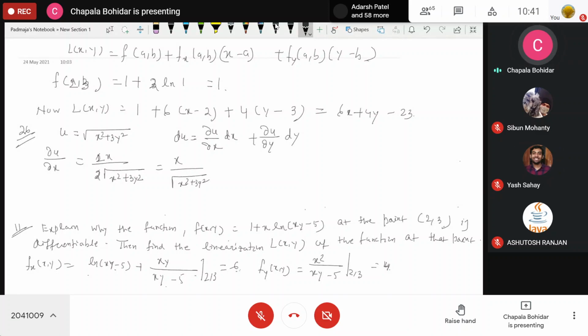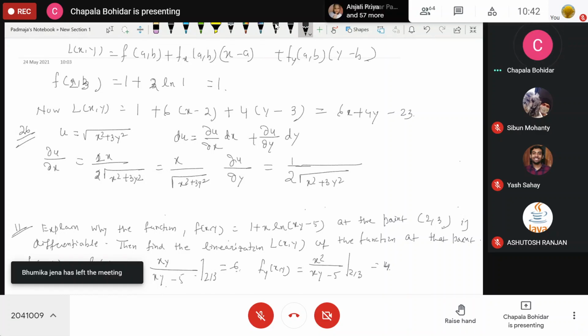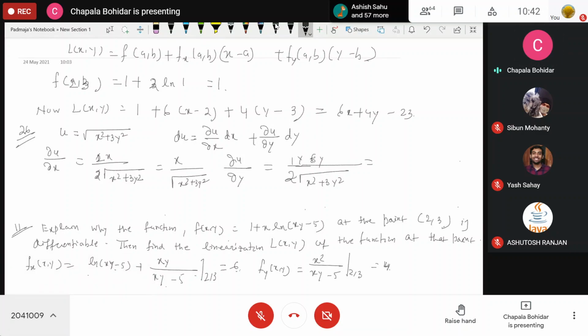Similarly, del u by del y is equal to 1 by 2 root over of x square plus 3y square, then the derivative of this is our 6y, which is 3y divided by root over of x square plus 3y square.